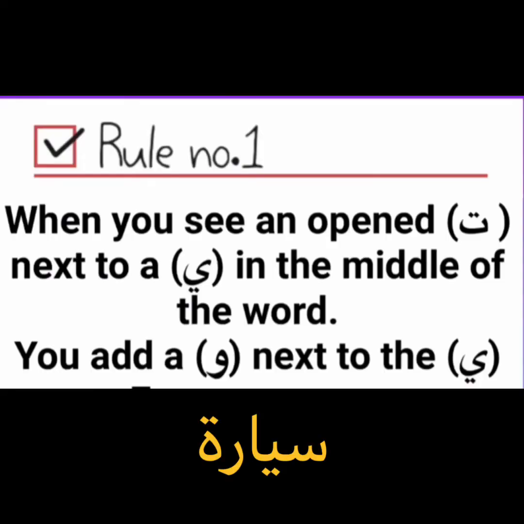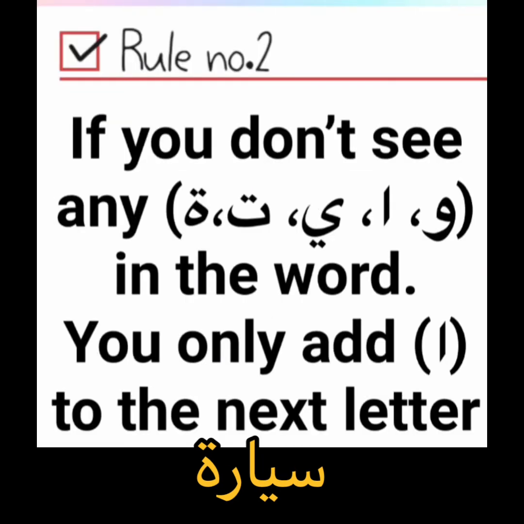So let's solve word number 4 maybe. سيارة. How do we say سيارة to cars, for instance? Rule number 1. When you see an open تاء مفتوحة. Do we see a تاء مفتوحة in the word سيارة? It is a closed تاء. Let's go to rule number 2 then. Rule number 2. When you don't see any واو, مد, ياء, تاء مفتوحة, تاء مربوطة.